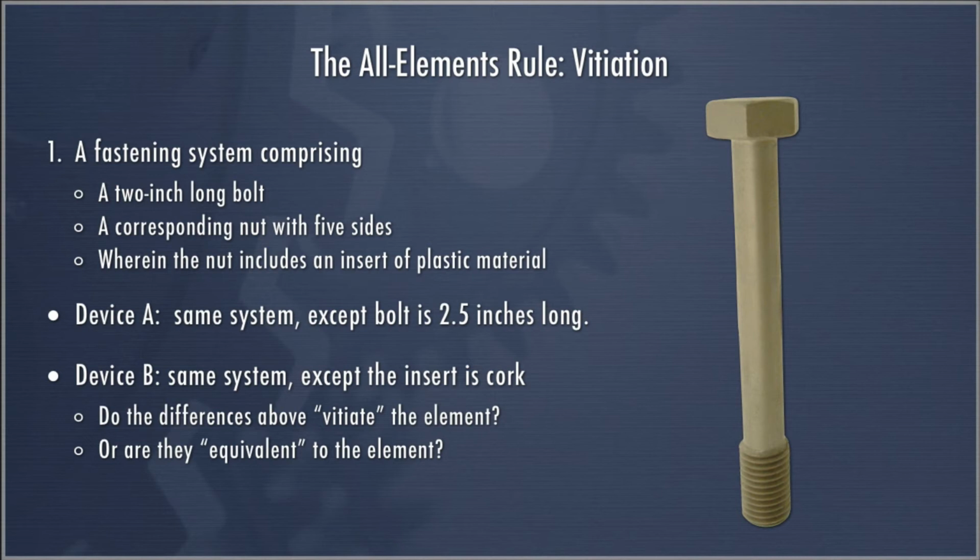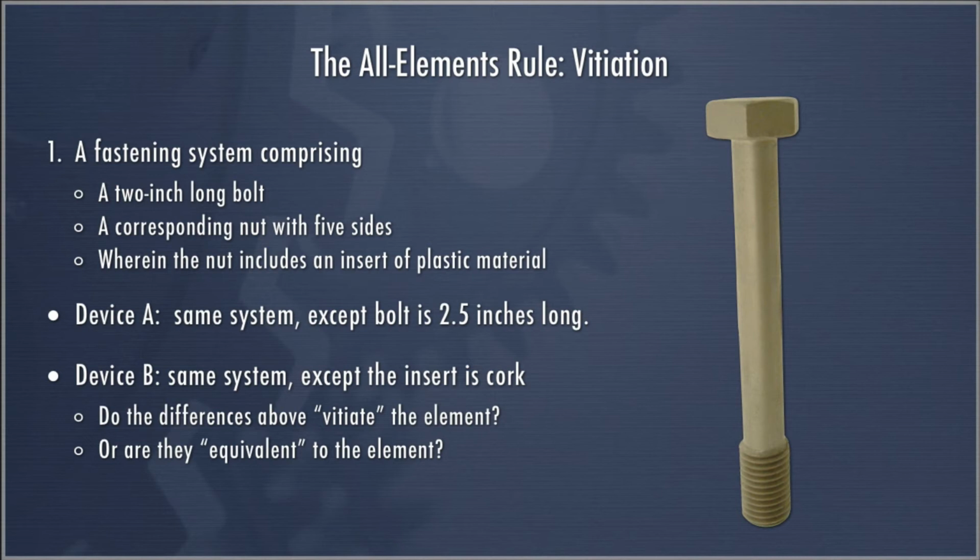It is not a direct swap. You can't just swap in 2.5 inches for 2 inches, and the fact that the patentee claims so specifically is going to curtail the amount of the Doctrine of Equivalents that they get. And so my guess is that most of the time that 2.5 inch bolt would be determined to be a vitiation. No jury question, no equivalence, no infringement.